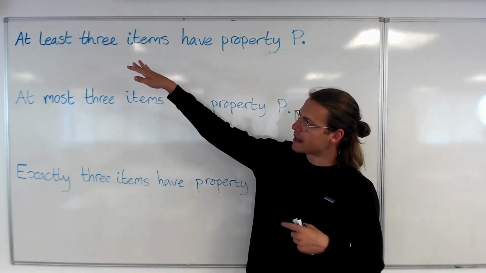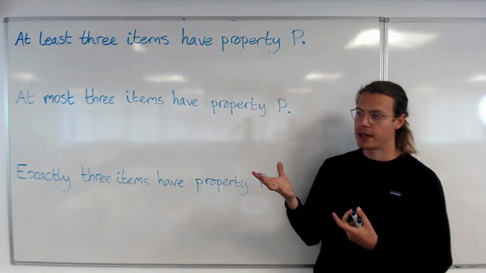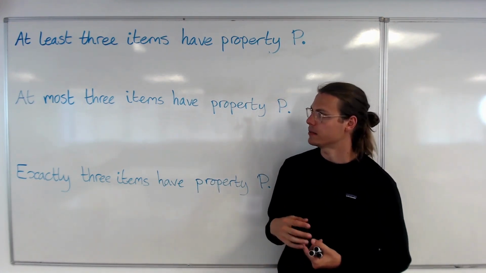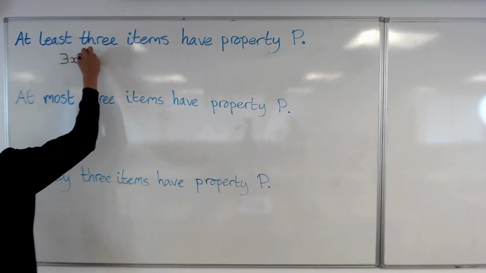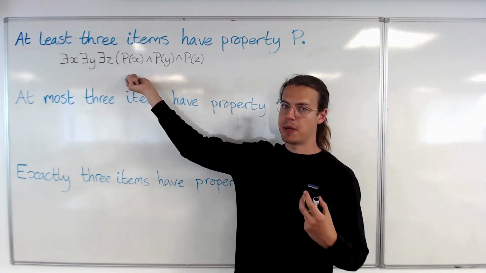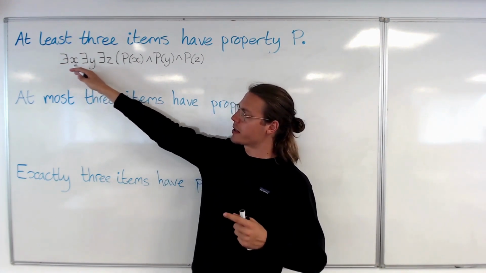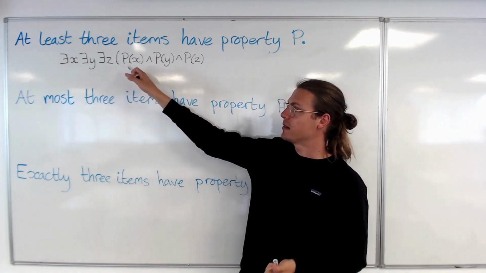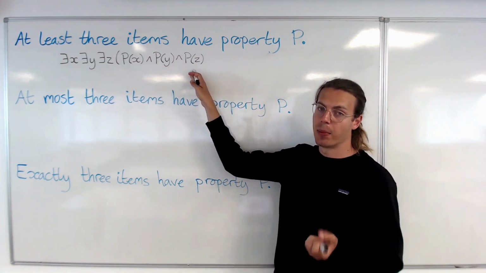First of all, at least three items have property P. Well, we can say that there exists some x, some y, and some z, such that x, y, and z all have property P. Here we use the predicate Px to say that x has property P. So this says that there exists some x such that there exists some y, such that there exists some z, such that x has property P, and y has property P, and z has property P.